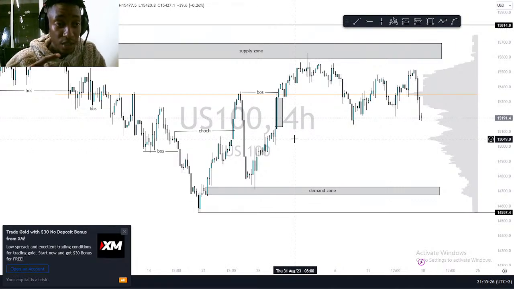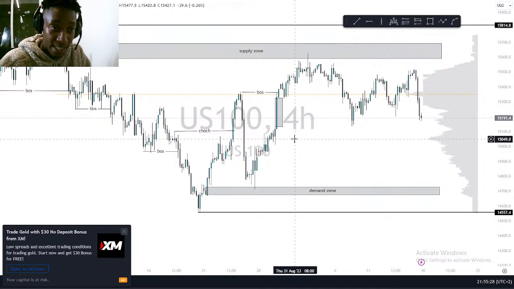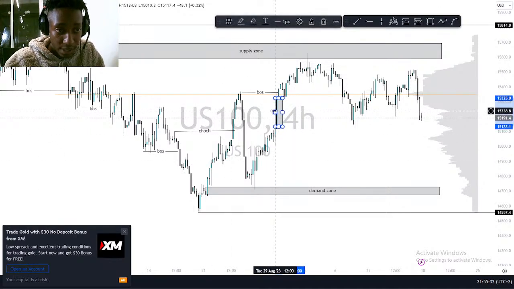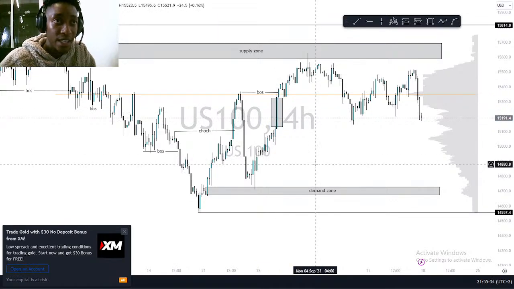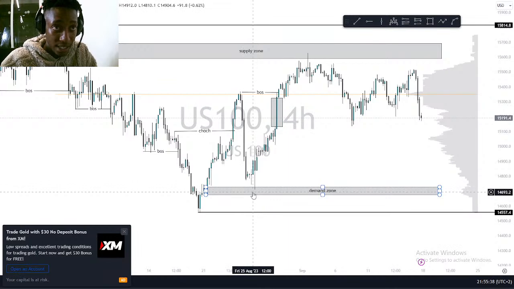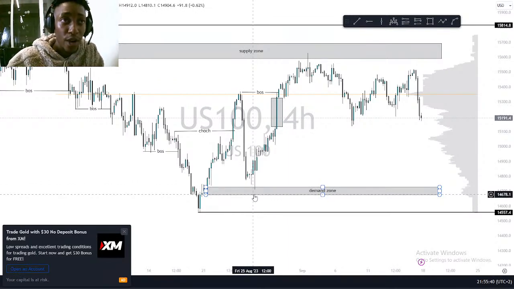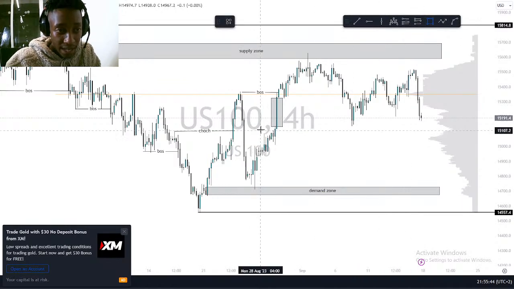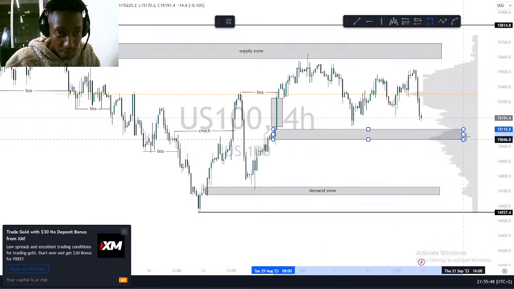We need to find reasons. Why is the market selling now? So you can see below this fair value gap, we have another demand zone. Remember, this one was tested. Now we have to look for an untested demand zone. We have a last bearish candlestick before the push to the upside here.